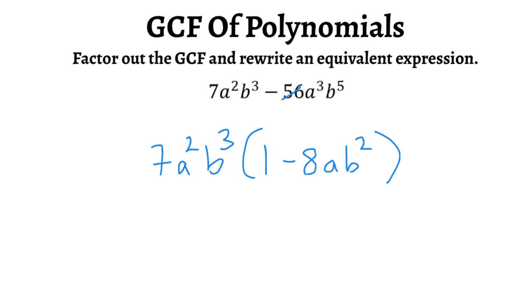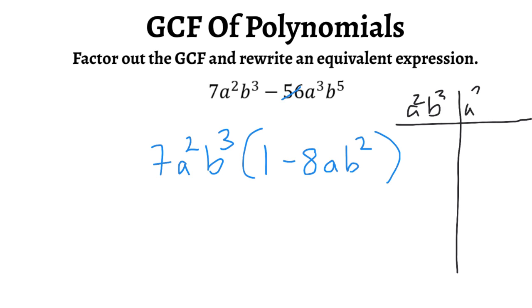You can always make a table on the side for factoring variables. So I have a squared b cubed for the first term, right? And the second term I have a cubed b to the 5th. So a squared is just a times a, and b cubed is b times b times b. On the other side I have a cubed, which is a times a times a.